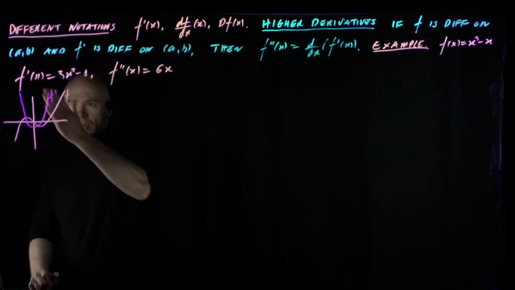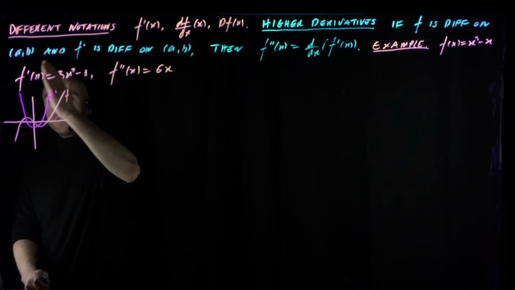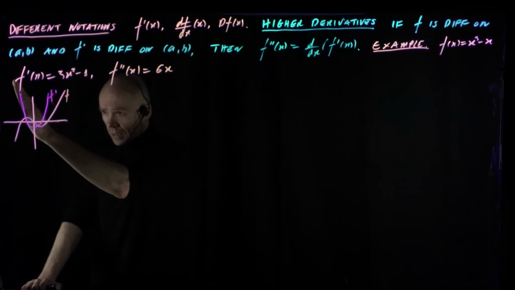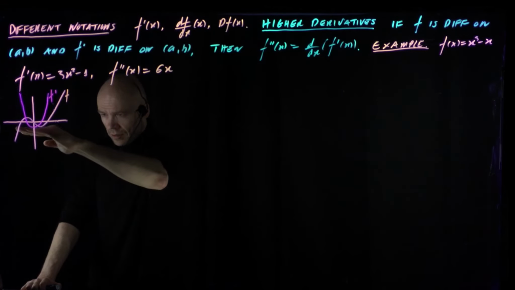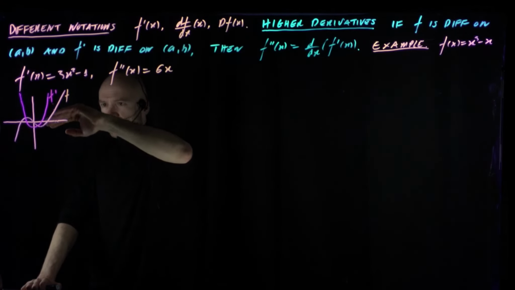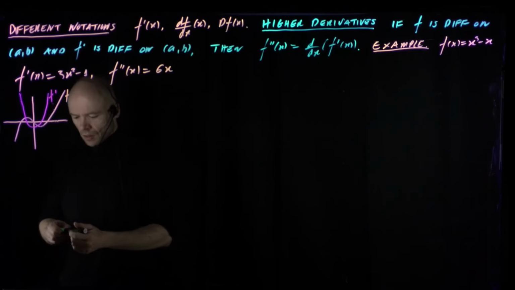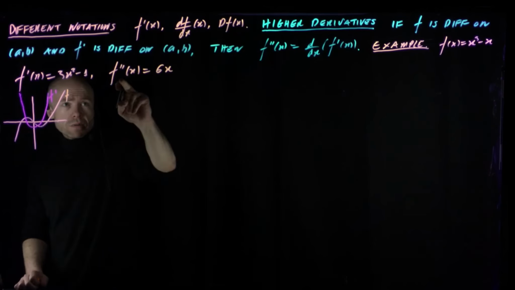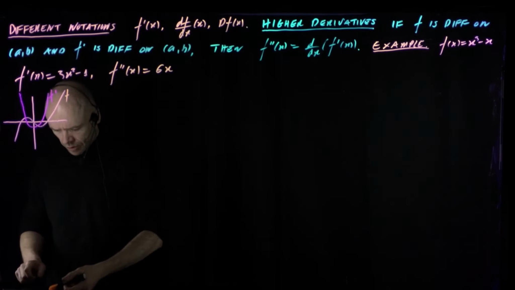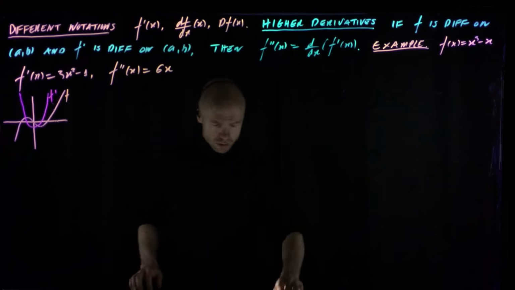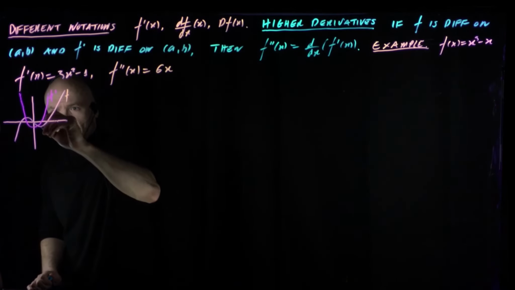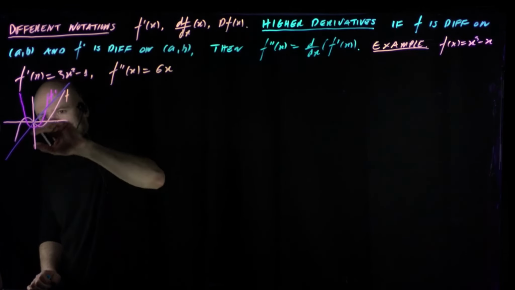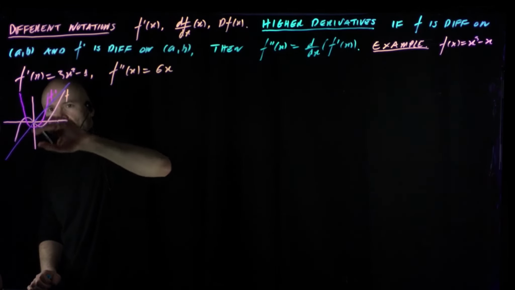And if we look at the slope of the derivative, then we see that it is negative, negative, less negative, less negative. It hits 0 here, and then it is positive, positive, positive, positive, positive, right? And sure enough, when we look at the second derivative, we see it's equal to 6x, which is just this straight line function, which is negative on the left-hand side and positive on the right-hand side.